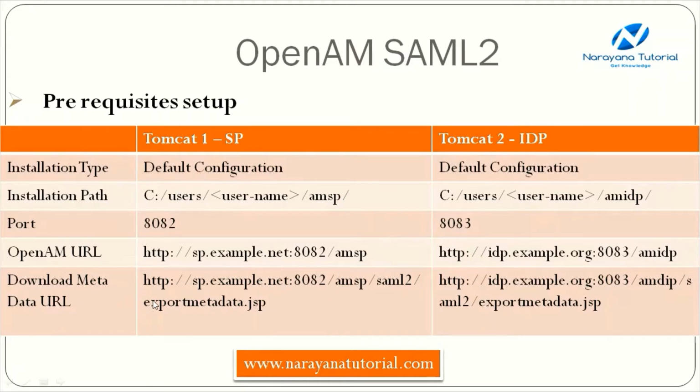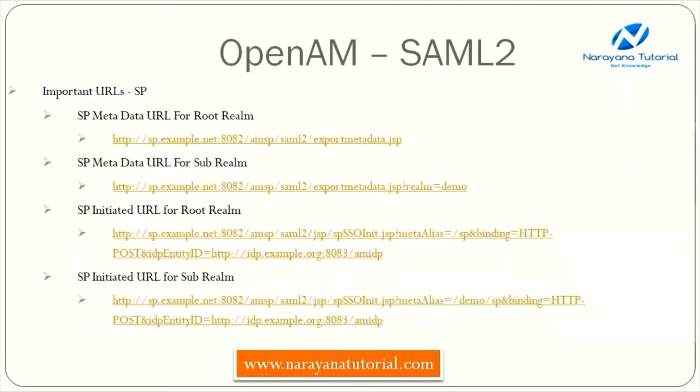And the download metadata URL: this is the metadata URL of OpenAM for both applications, SP and IDP. By using this URL, we can download the metadata information and share it between the two entities. Here I am sharing some important URLs: the SP metadata URL for the root realm, the SP metadata URL for the subrealm, and the SP initiated URL.